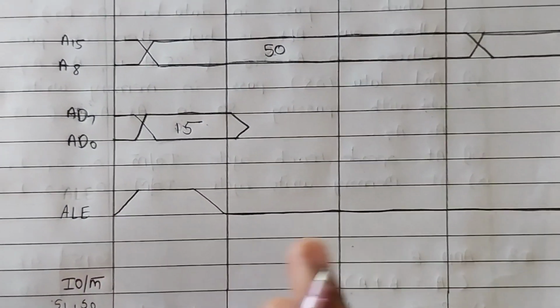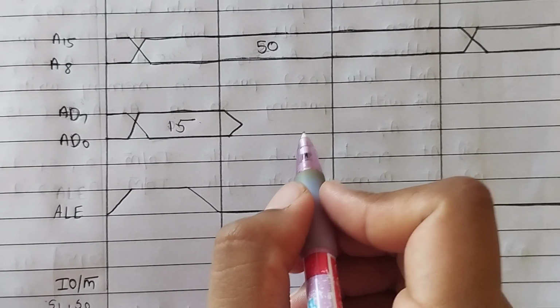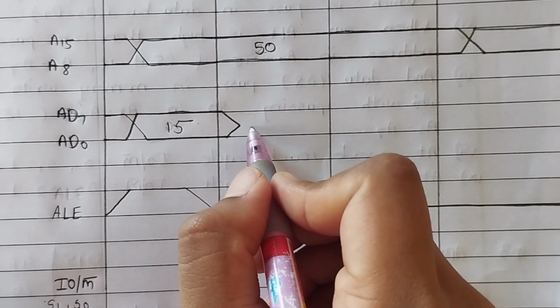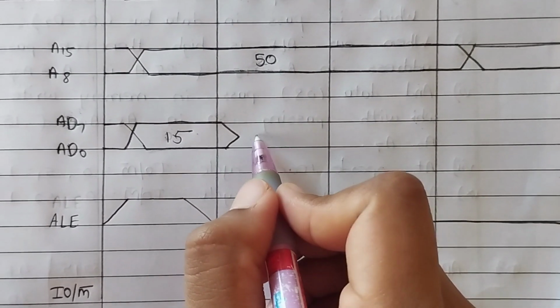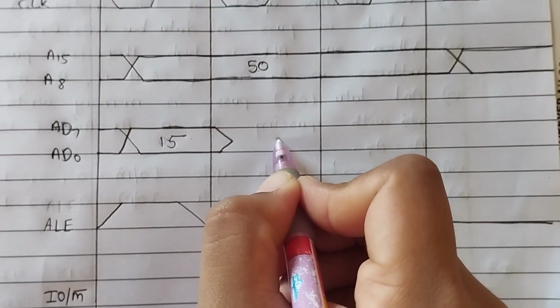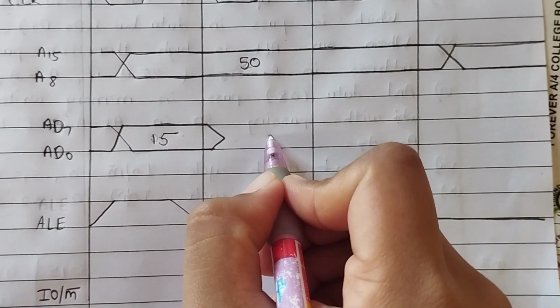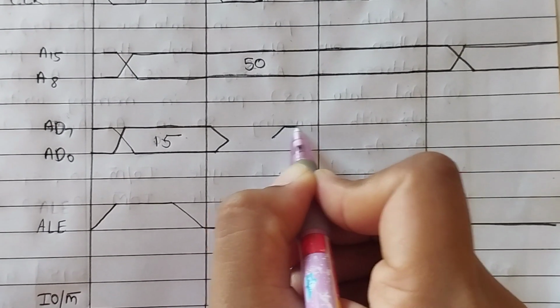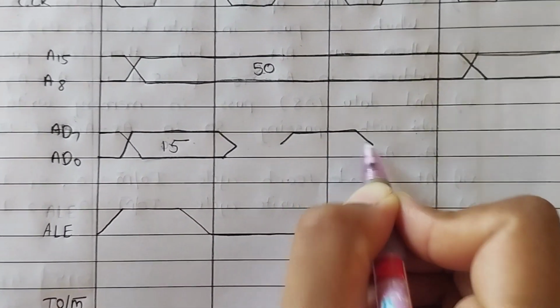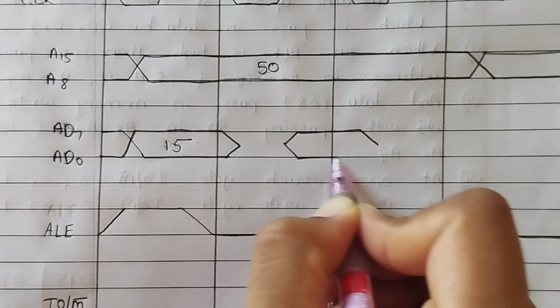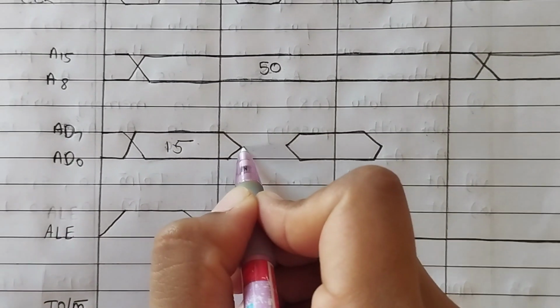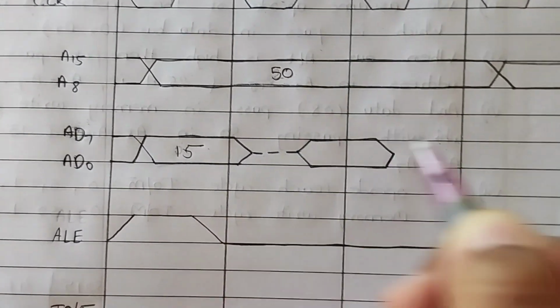Now when our ALE is low, the data goes to AD0 to AD7. So for showing our data, we draw a data column in between T2 and T3 and join it with a dotted line.